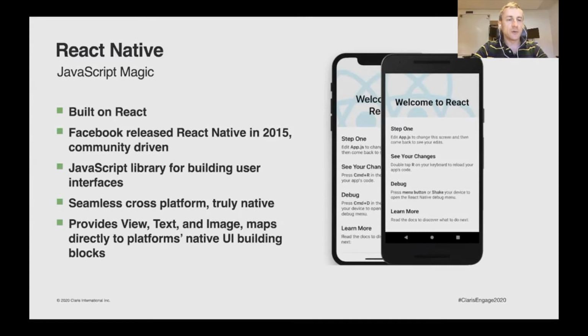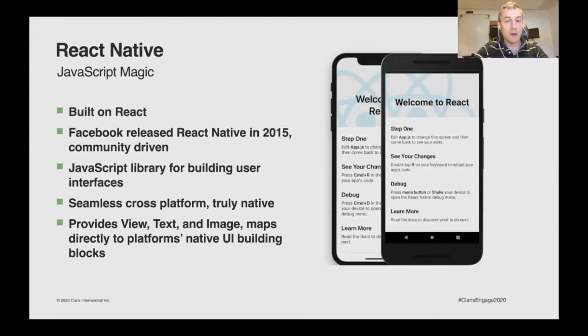React Native is truly JavaScript magic, and it was built on React, the JavaScript library that was originally created by Facebook for their internal uses for their web applications. It was a JavaScript library that they used to build user interfaces. Then Facebook openly released React and React Native.